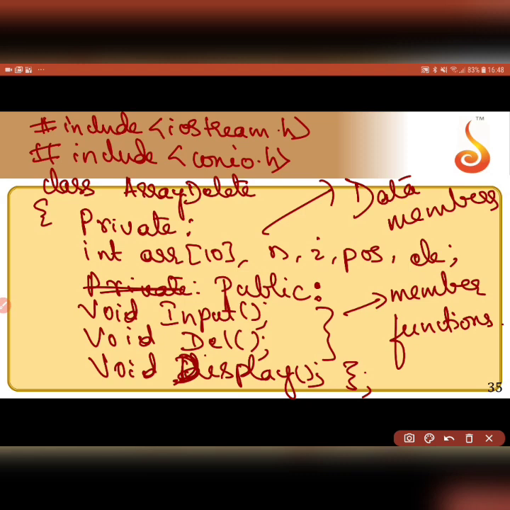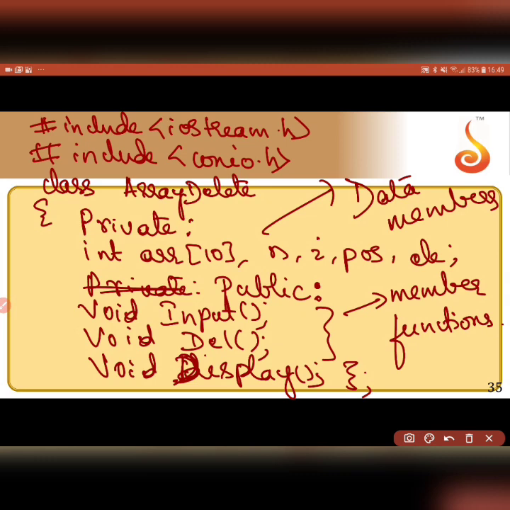Then I am going to print the resultant array, that is the array after deletion, in the display function. The array before deletion I would have printed in the input function. In the DEL function I will ask the user to enter the position, and if it's a valid position I will delete the element and then reduce the size of the array by 1, right?